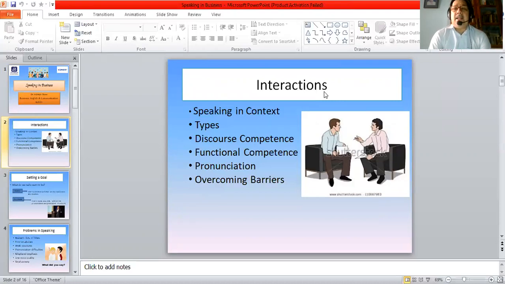Now, let us say that in the middle of the meeting, the area manager suddenly asks you and one or two of your colleagues to give briefings or to give short presentations regarding the performance of the product in certain sales sectors.